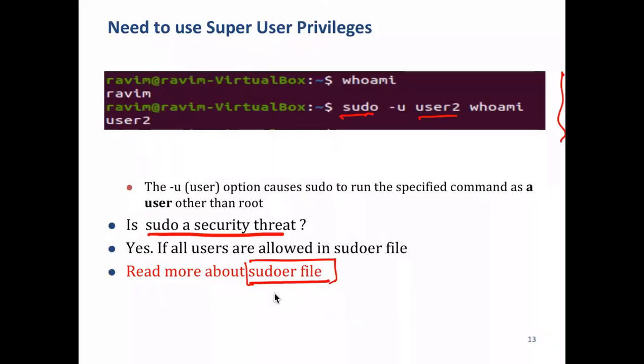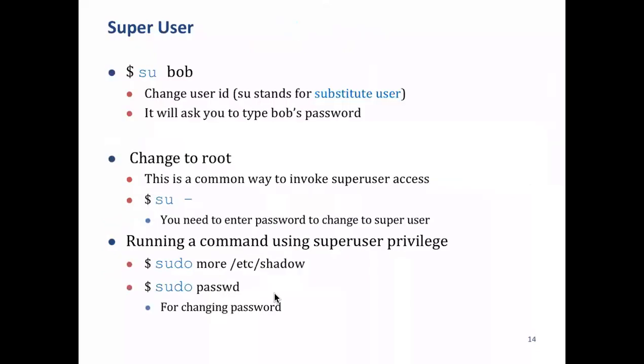If so, the sudo file should have the names of users, right? Then look at some other commands like su bob, which is nothing but substitute user bob. It will ask for that user's password, not your password. Suppose you want to run a process as your friend.